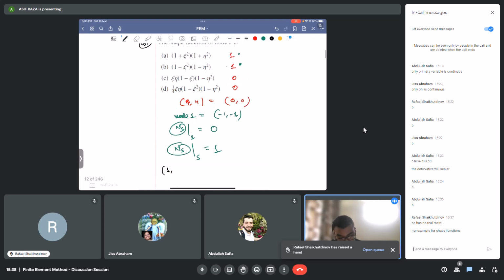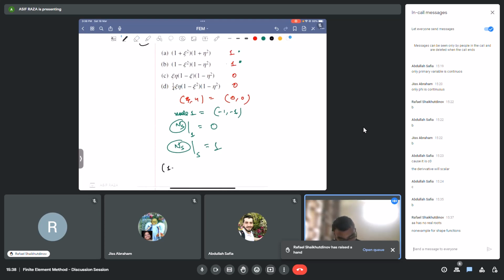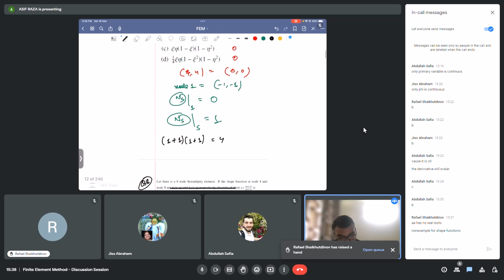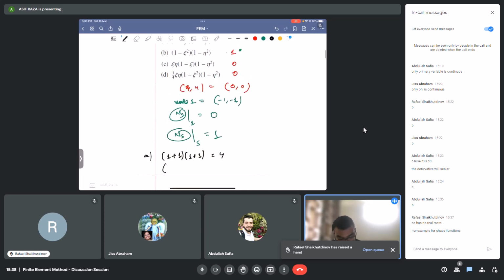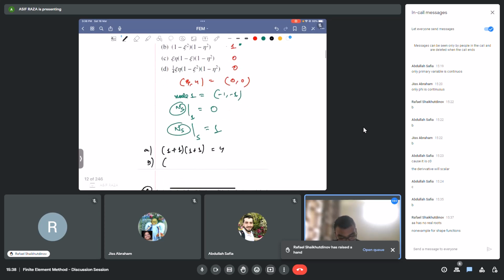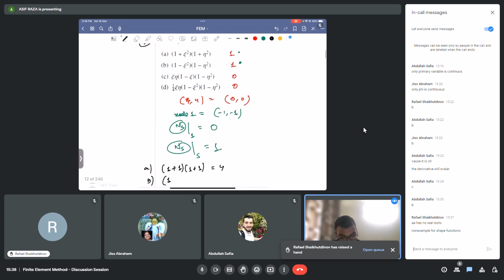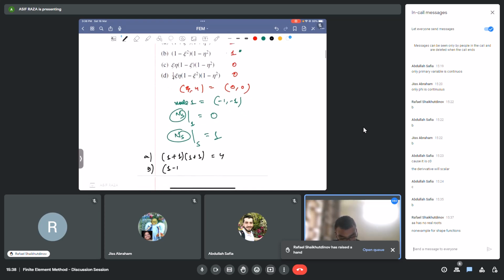1 plus, this will be 1 and this will also be 1, that will give me 4. That is incorrect. And option B, that will be 1, and this will be minus 1 and this will also be minus 1, so this will give me 0.